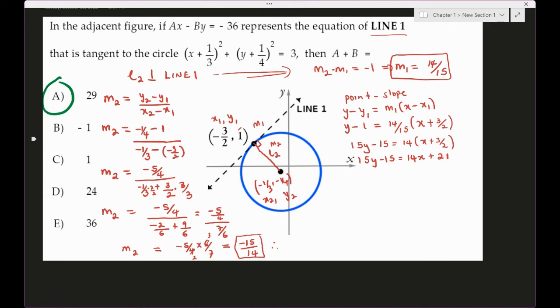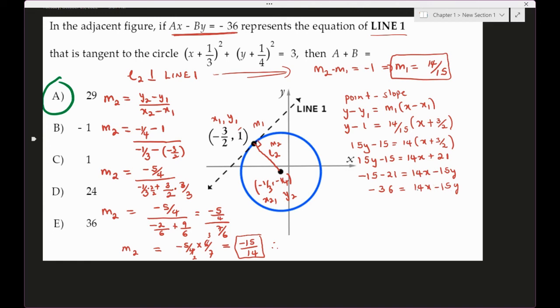Now we have to rearrange. Remember, our target is to have something like the given form, then we can easily pick a and b. So we transfer terms, and we have minus 15 minus 21, which is clearly minus 36, on the other side with 14x minus 15y.